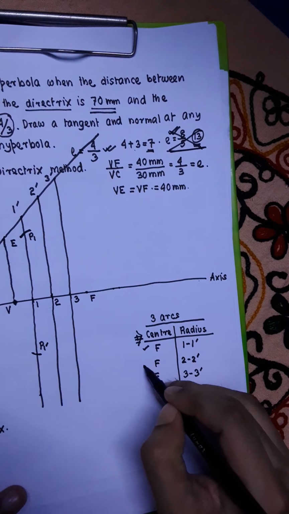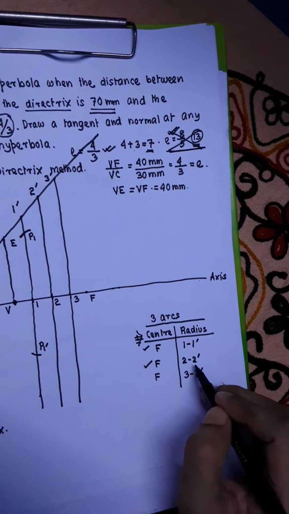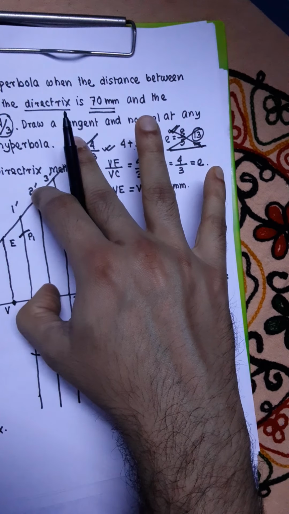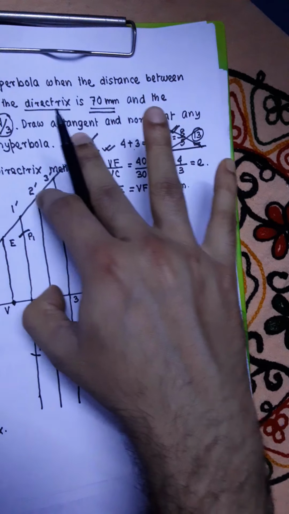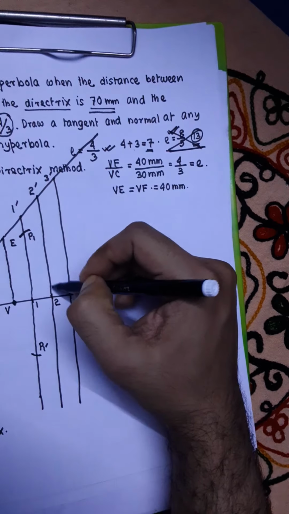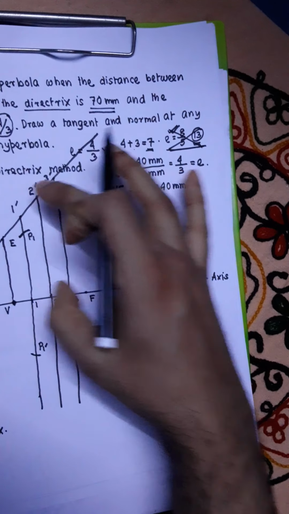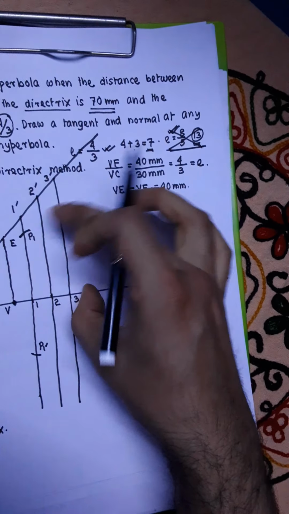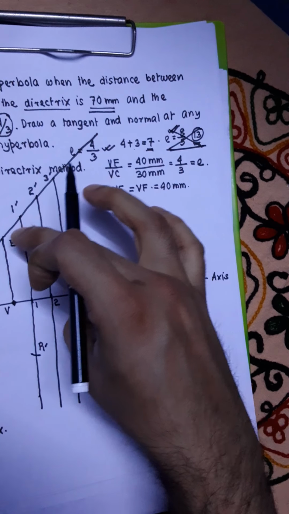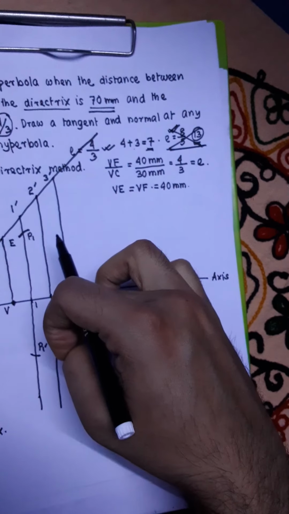After that you draw this arc. Obviously you can understand from the radius value, this 2 dashed is a larger radius. So if you take the distance between this point and this point as your radius, put your compass here and draw the arc, it will cut the line once on this side and again on this side.